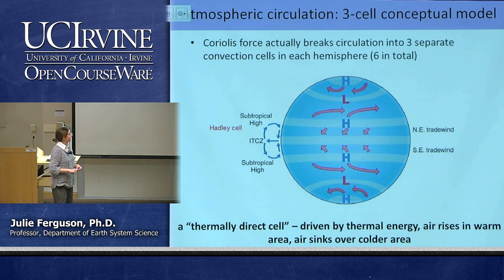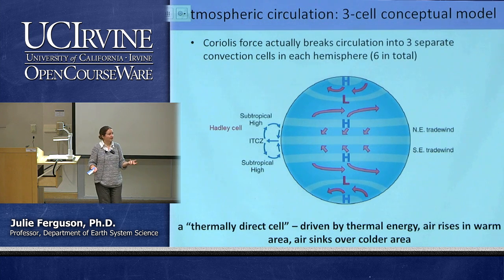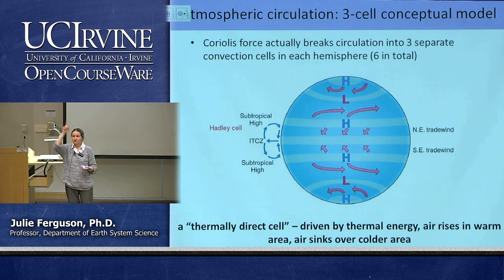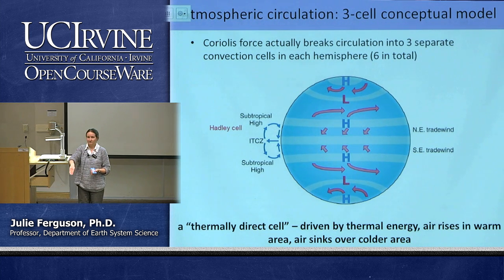And this still follows our nice idea that it's warmest at the equator, and so air will rise at the equator. But because the Earth is spinning, the air can't make it all the way to the pole. It actually stops and goes around and around the Earth at about 30 degrees north and symmetrically 30 degrees south. And so it doesn't go any further. What happens at that point is that it sinks back down.